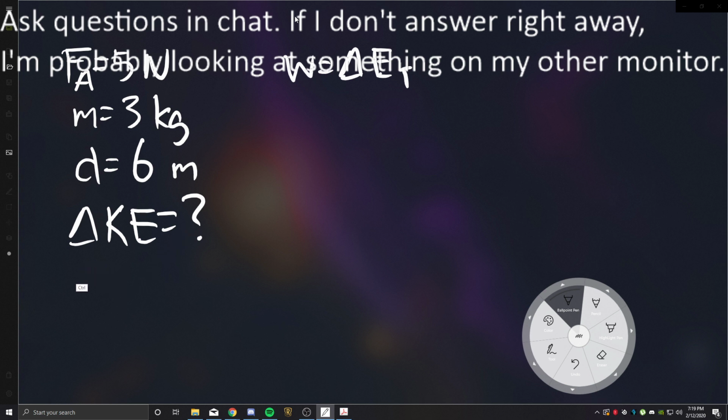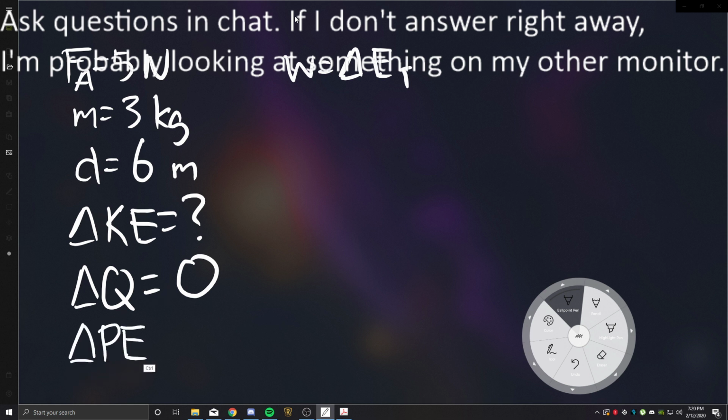Since it says frictionless, we know as the thing gets moved across the surface, your change in internal energy is zero, because you're not losing anything to heat, because there's no friction. And if you're just moving horizontally, you have no change in potential energy either, because you're not changing your height. Your height still stays on the bottom.